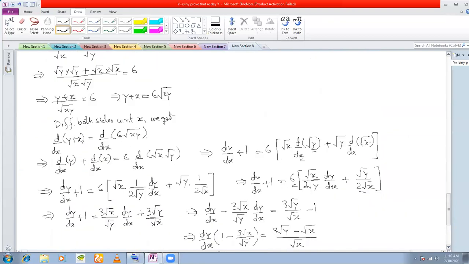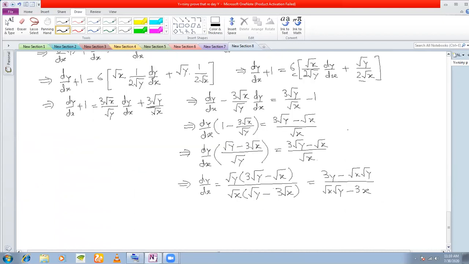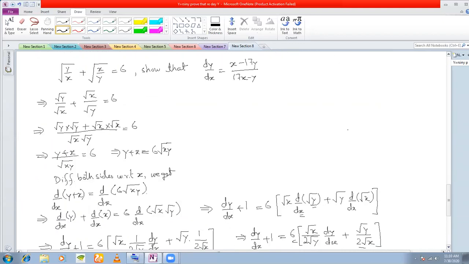Have I copied the question correctly? Yes, the question is okay. Why 17y? 3y minus root xy. What is root xy?